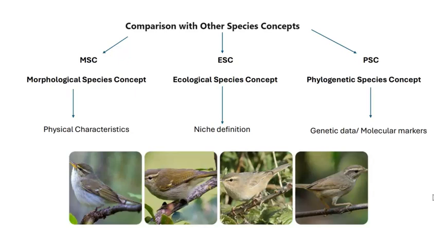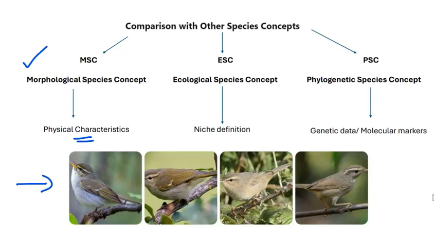There are other species concepts that you may have come across. The one used, of course, by Linnaeus and indeed by most field biologists is the morphological species concept, where you use physical characteristics in order to identify species. And this is successful in as far as we believe that we're identifying species, but here's an example where this becomes challenged.